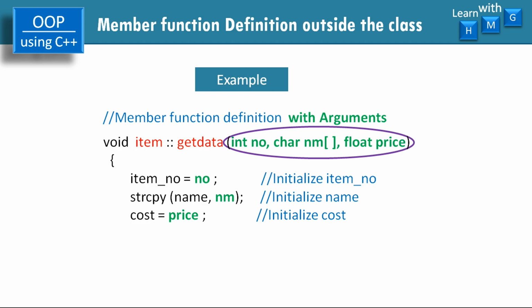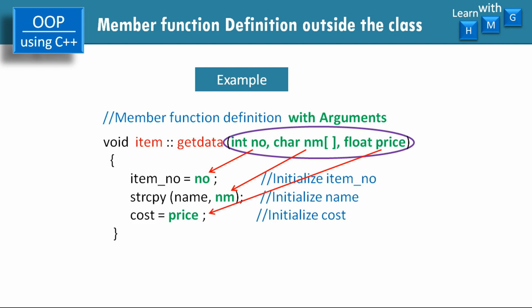So this is the complete member function definition, in which the first argument NO is used to initialize the item NO data member, NM, the array, is used to initialize the second data member name, and price is used to initialize the third data member cost.